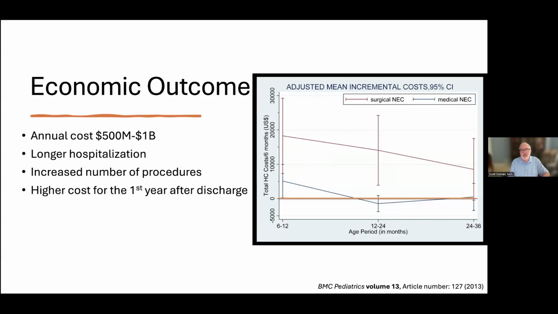On those babies that have necrotizing enterocolitis that have been managed medically, you'll see that the cost finally starts to normalize around 1 year of age, but it really doesn't bounce up like this line shows with the surgical NEC kids. So those kids who have surgical complications have much more cost associated with the disease.